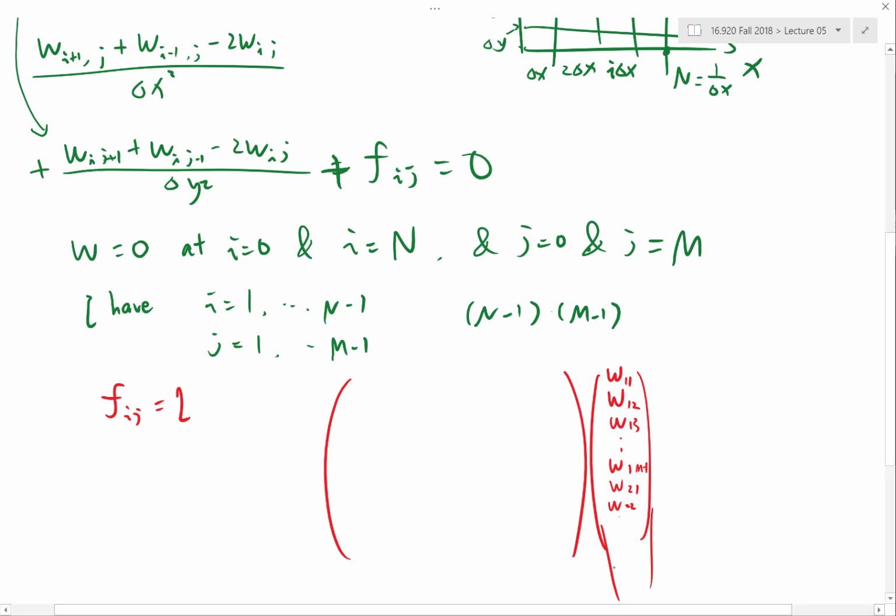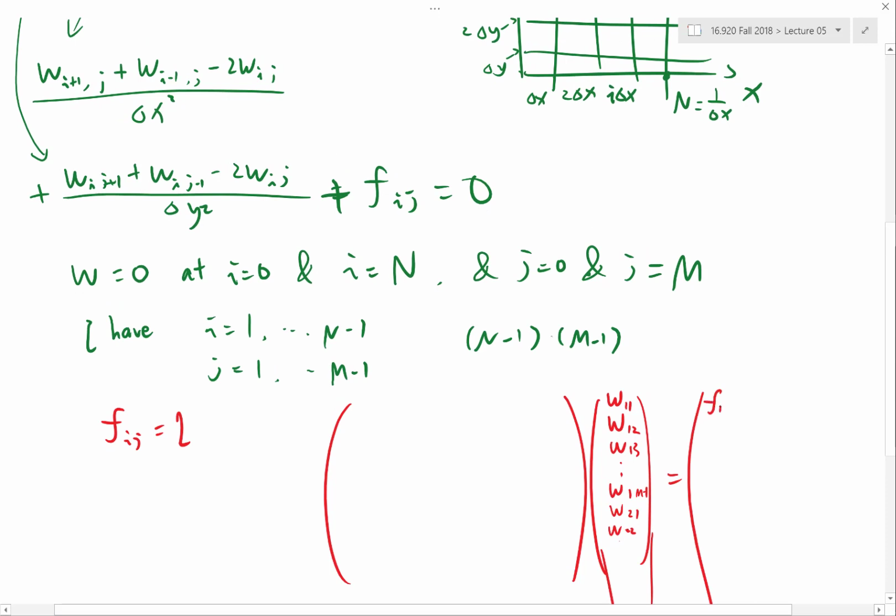Okay. So this is how I order my W's, and now if I want my right hand side to be the same way, F11, F12, etc., F1,M minus 1, and F21, etc., how should the matrix be?